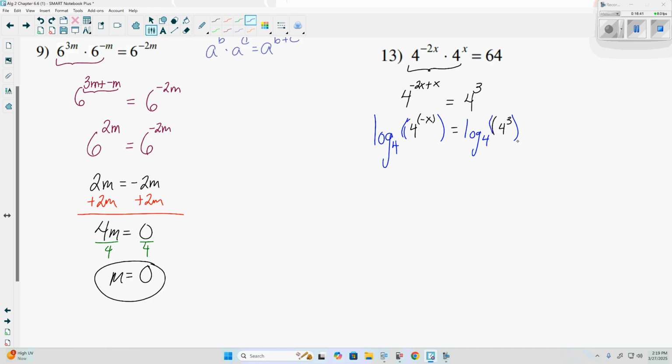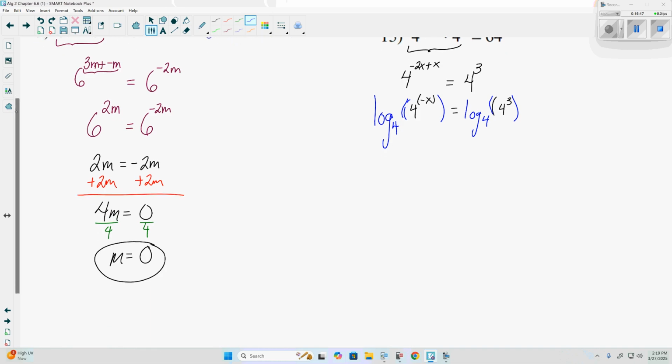I applied log base 4 to both sides because here we have log base 4 of 4 to the negative x. And as we just stated, this here would be what? Negative x, yes? The other side, log base 4 of 4 to the third, again, is just going to become that exponent, which is 3. This is why this works.